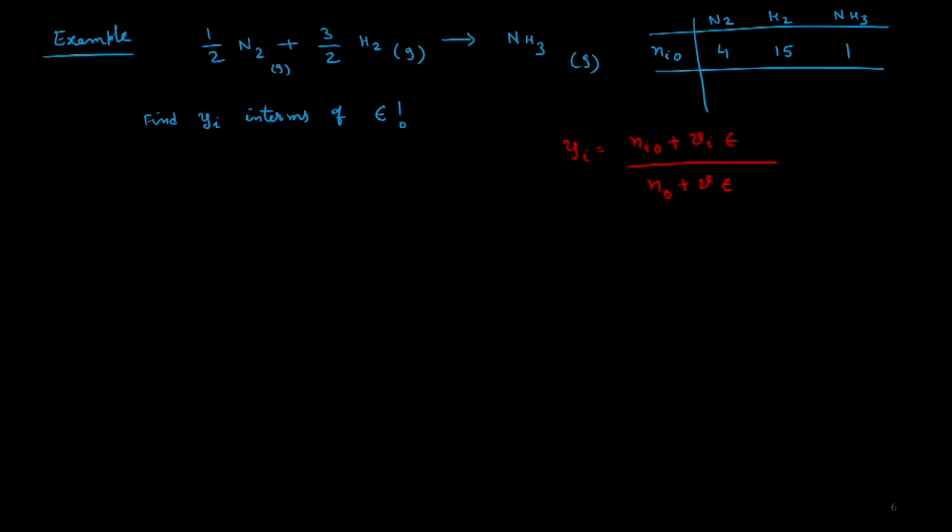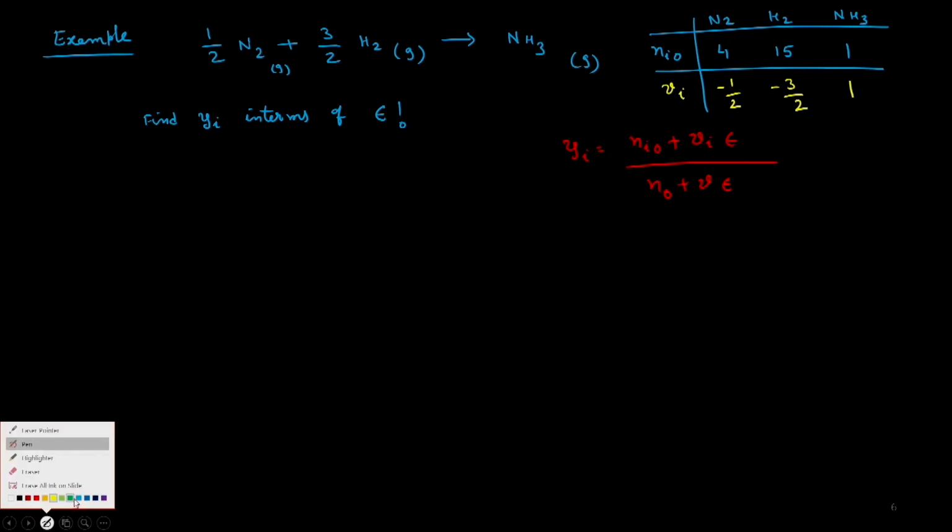So which means I need to know the stoichiometric numbers as well. As earlier, let's write the stoichiometric numbers. For nitrogen, it is -half, it's a reactant. Similarly for hydrogen, it is -3/2, and for ammonia, it is 1.